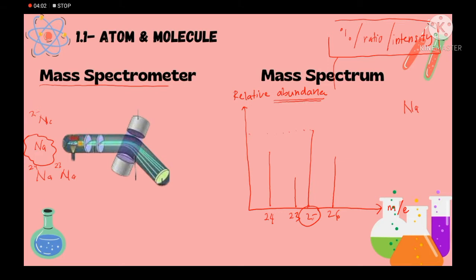And the lowest abundance isotope of Na is isotope Na23. This is how we look at the mass spectrum. From the mass spectrum, we can see the abundance of each isotope and which isotope has the highest intensity, the highest ratio. Can you get it?